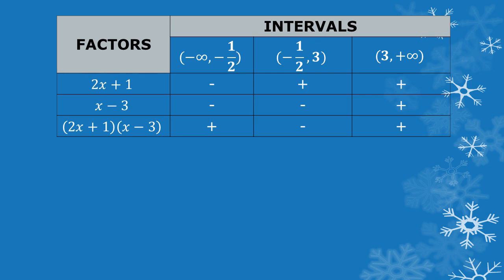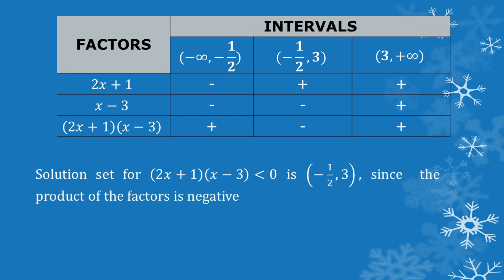On the third interval we'll have positive times positive is equal to positive. So we now have the solution set for the quantity of 2x plus 1 times the quantity of x minus 3 less than 0, which is negative 1 half and 3, since the product of the factors is negative.